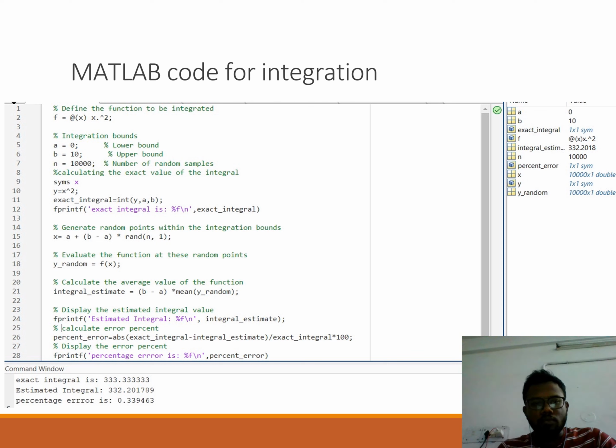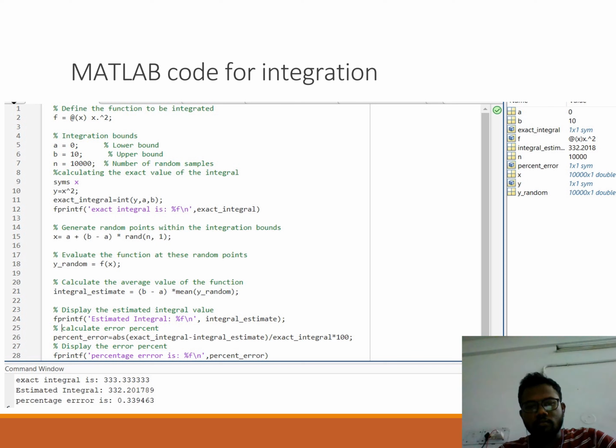Now we generate the random points within the integration bound a to b using the rand function. Within these bounds, the random points are x = a + (b - a) * rand(n, 1).